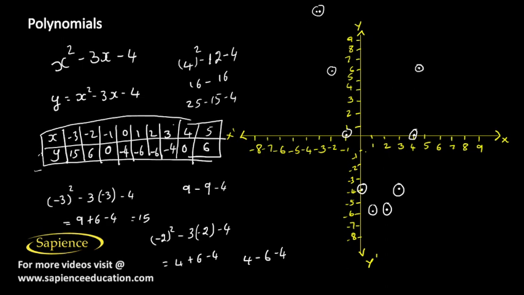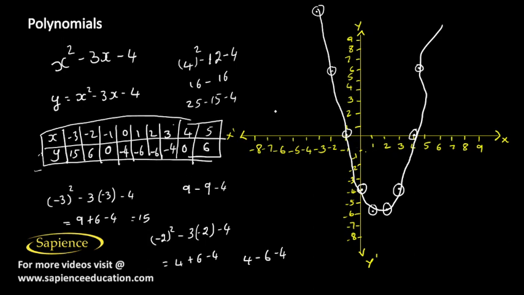We can join all these points now. We got our parabola, a U shape. So this is our U shape, and it is touching the x-axis at 2 points.